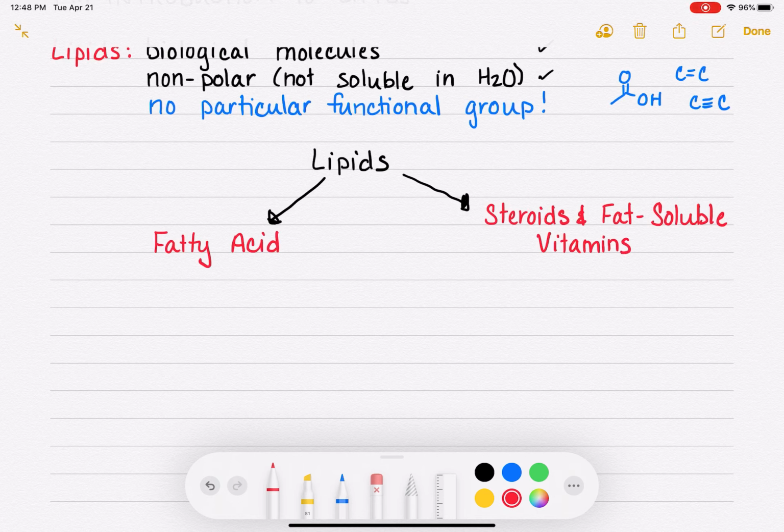In our textbook, we're going to first talk about the fatty acid lipids, and then we'll talk about the steroids, which we've talked about a little bit already, and the fat-soluble vitamins.